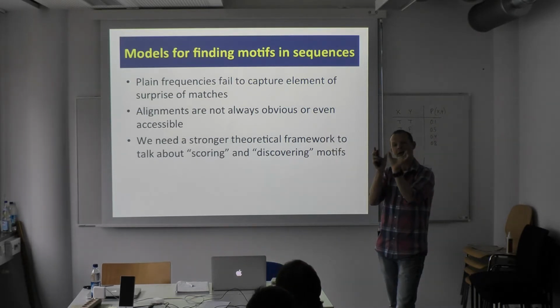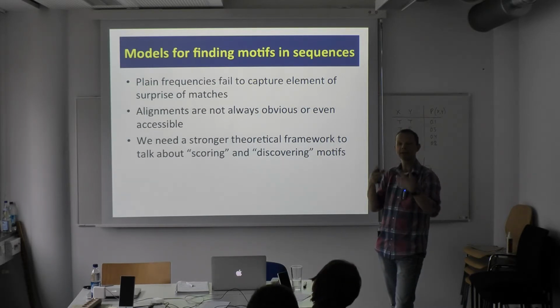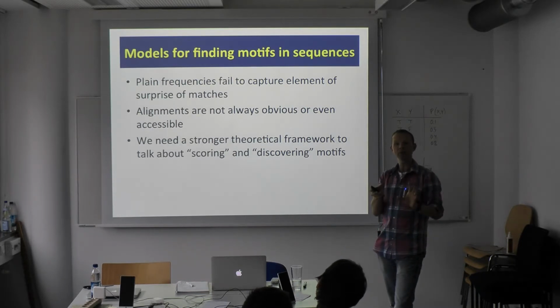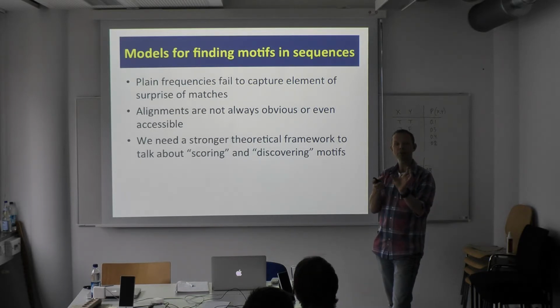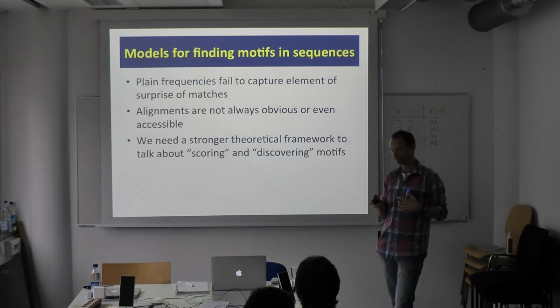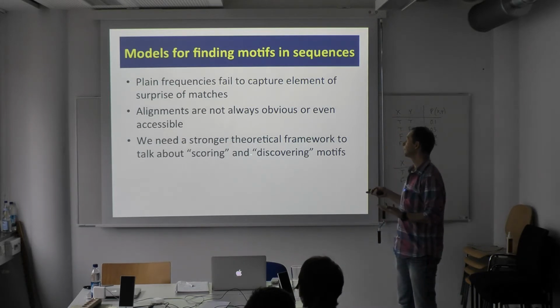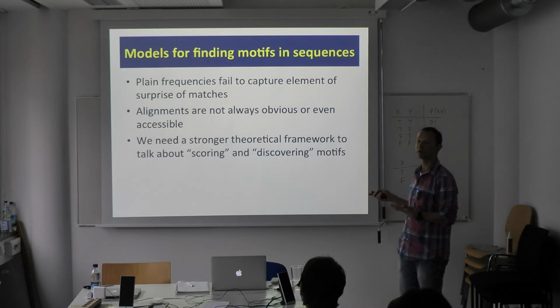So the sequence similarity that we see in the motifs or the binding sites would not be detectable through alignment. And it's not at all clear that those sequences would have the kind of relationship that homologous proteins have, for instance. So we need a stronger theoretical framework to talk about scoring, and then subsequently discovering motifs.